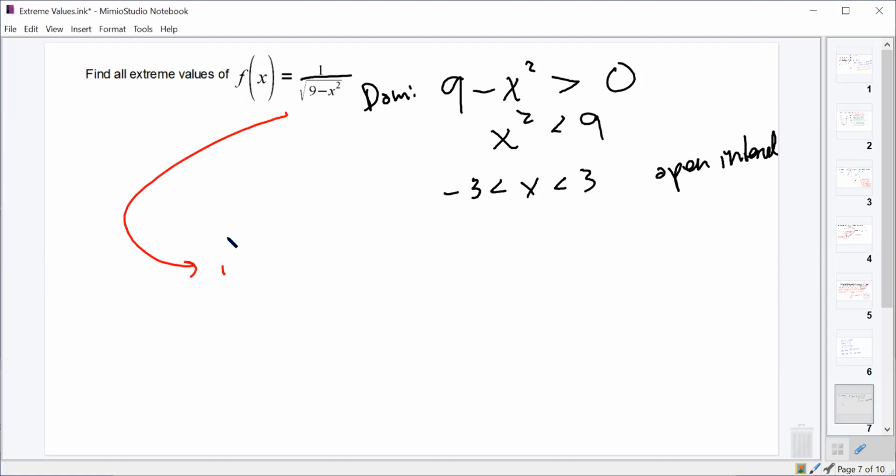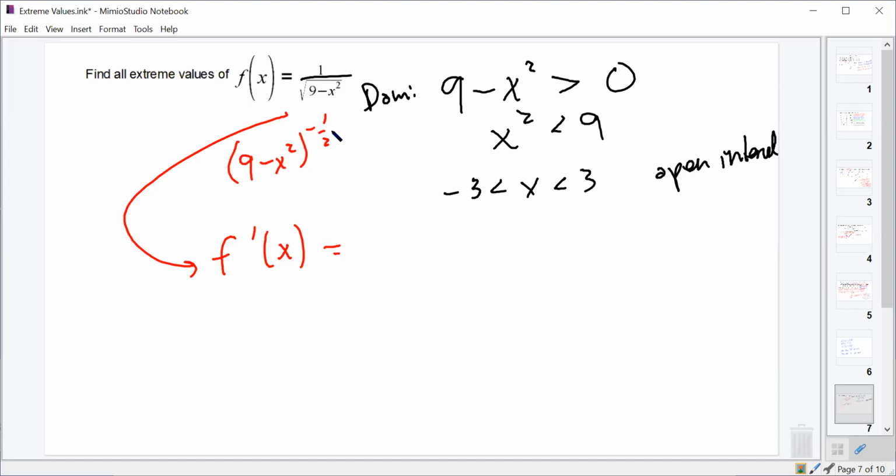So let's find f prime of x. This is like having 9 minus x squared to the negative 1/2. So how do we take the derivative of u to the negative 1/2 using the chain rule?